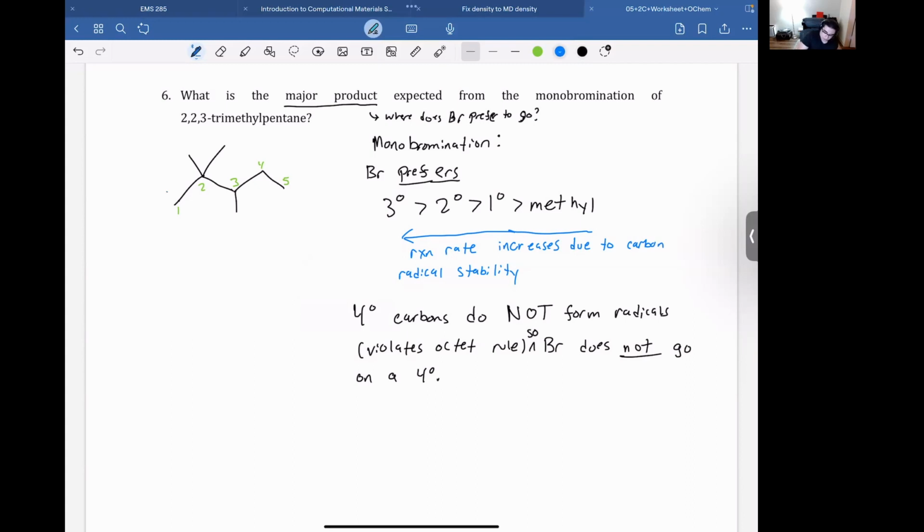Labeling these carbons, this is a primary, this is a quaternary, these are both primaries up here. This is a tertiary, this is a secondary, that is primary. As we just established, the bromine would like to go on the tertiary carbon. And then what happens is it replaces the hydrogen. Like that.